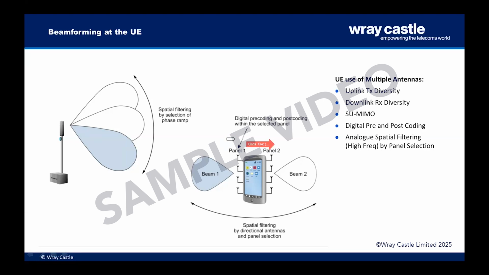That is essentially an analog technique. And then within each panel, we might have multiple antennas which could be controlled digitally to create a steerable beam. That would be quite a sophisticated mobile. A mobile could, at a simpler level, use analog-only techniques throughout.